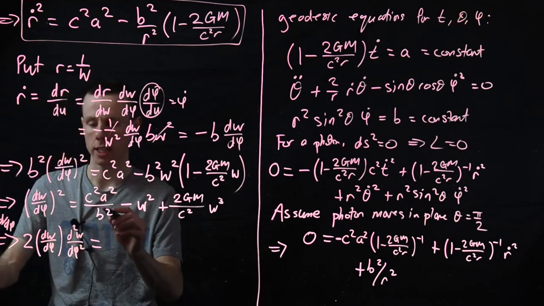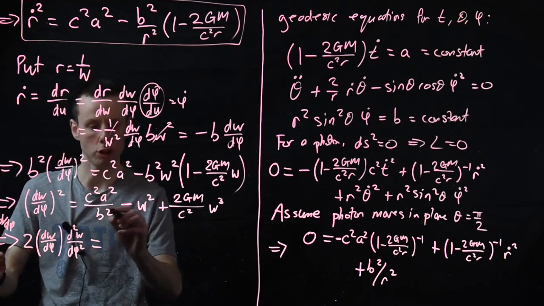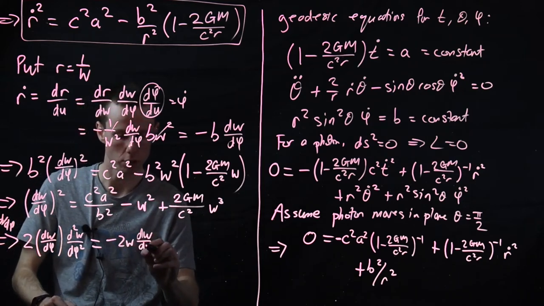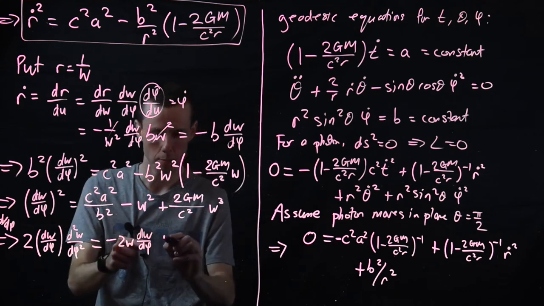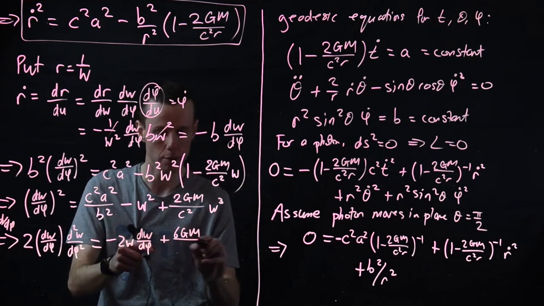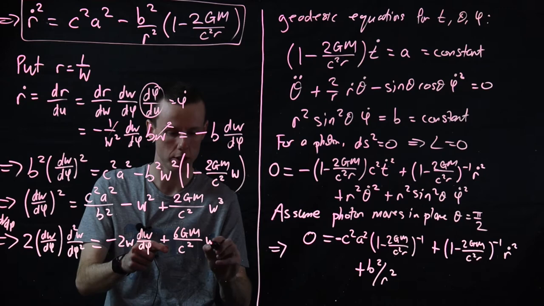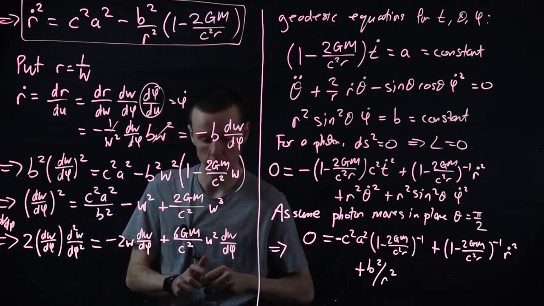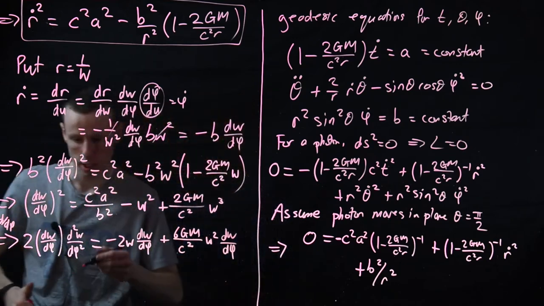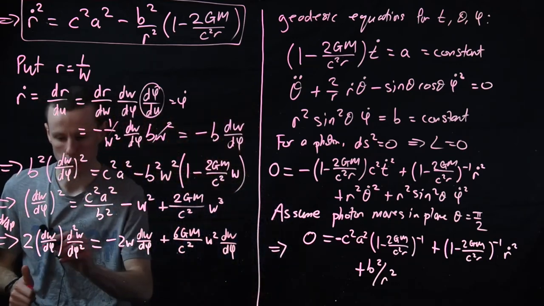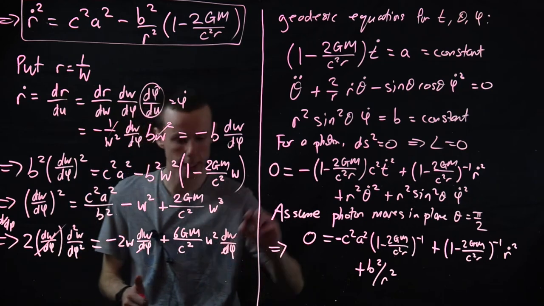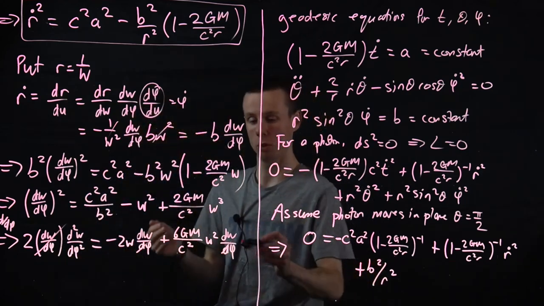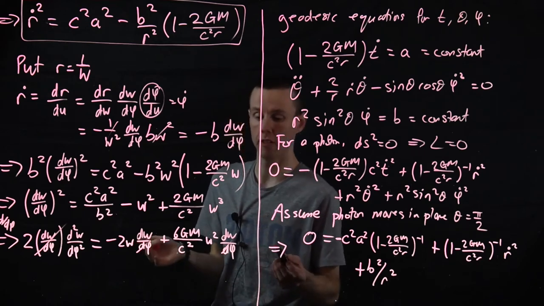On the right-hand side, this is a constant, so it's gone, and then you have minus 2w dw by d phi plus 6GM over c squared w squared dw by d phi. Just using the chain rule there everywhere. And lastly, we can cancel dw by d phi here, here, and here, so long as we assume it's not a circular orbit.